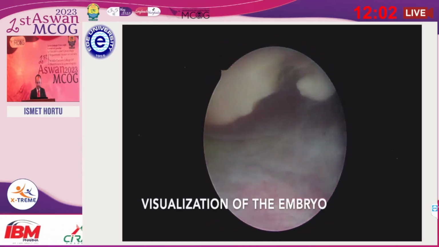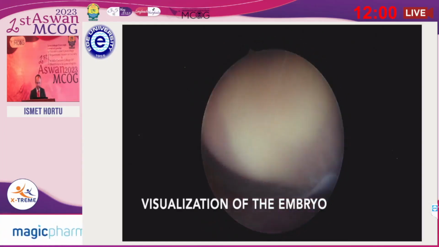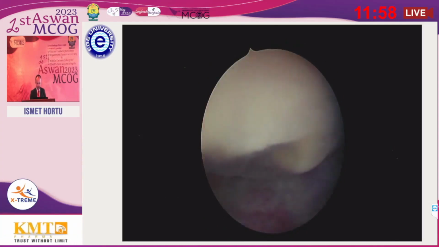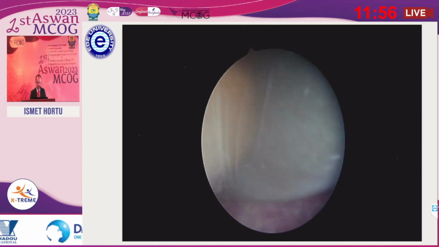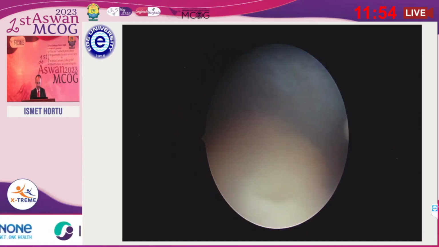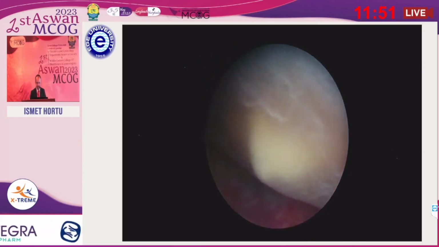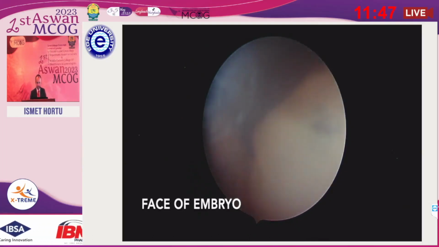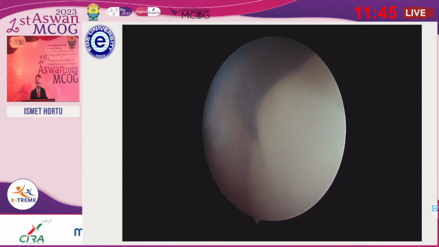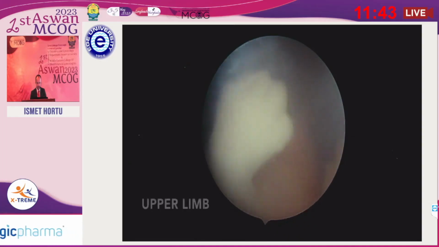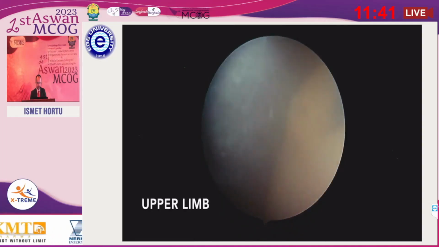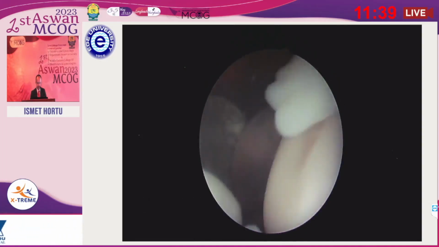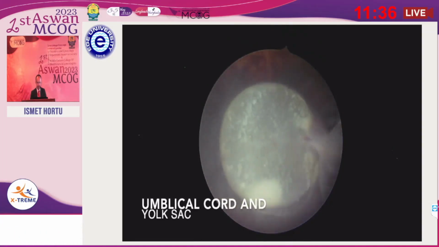Sometimes it could be challenging. You see the embryo. This is 7 weeks old. These are the upper limbs, and you see the hands, ears, nose, and the face of the embryo, and the upper limb. And you see the golden ring.